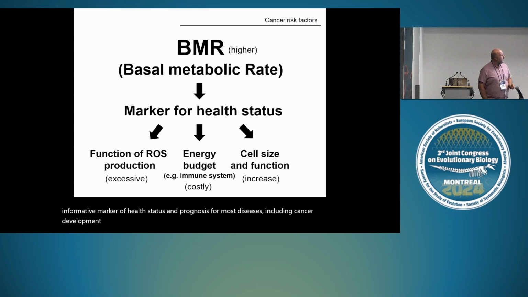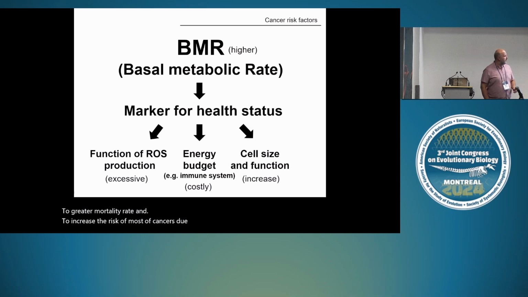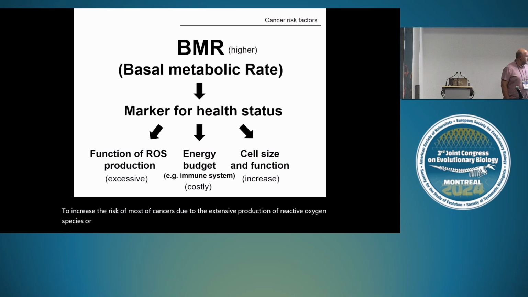Higher BMR is generally related to greater mortality rate and to increased risk of most cancers, due to the excessive production of reactive oxygen species or other metabolic byproducts that can lead to oxidative stress.